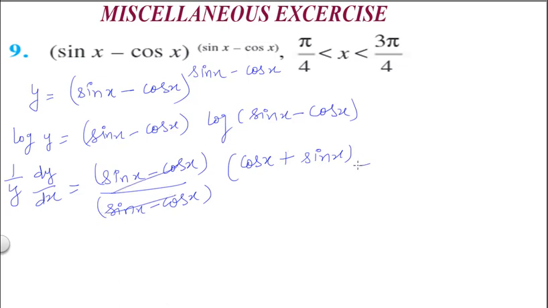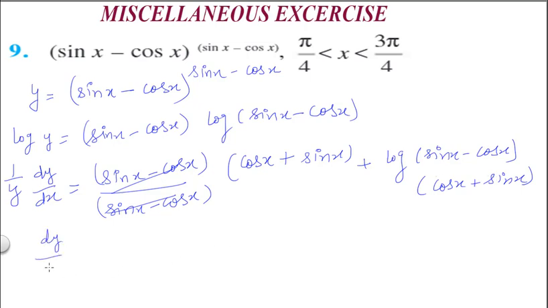These will get cancelled. Now to apply the second one, log of (sin x minus cos x) will be taken as it is and we differentiate (sin x minus cos x), the answer for which is cos x plus sin x. Clear?